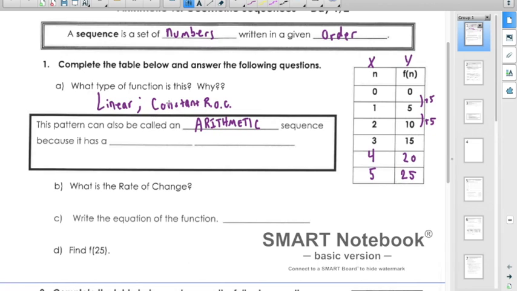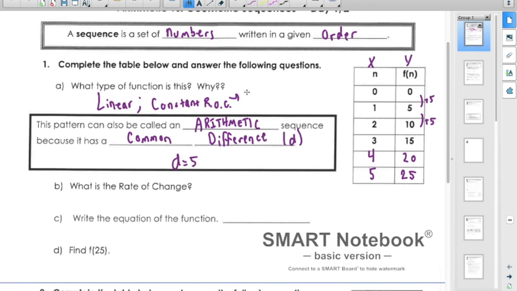It's called that because it has a common difference. Remember this word from last unit with exponential functions. A common difference. And that common difference was actually 5. How much are we going up by? We're going up by 5 here.